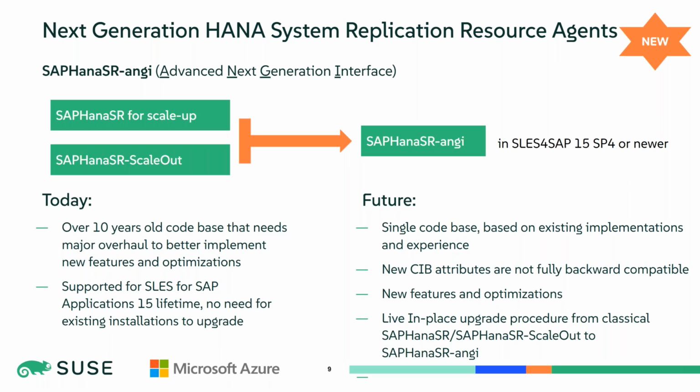However, we are now at the point that we want to review what we have done and put our best effort into the next 10 years to come. So we decided to consolidate both code bases into the new resource agent with the code name NG. NG stands for Next Generation Interface. So the new resource agent would be named SAP HANA SR-NG.